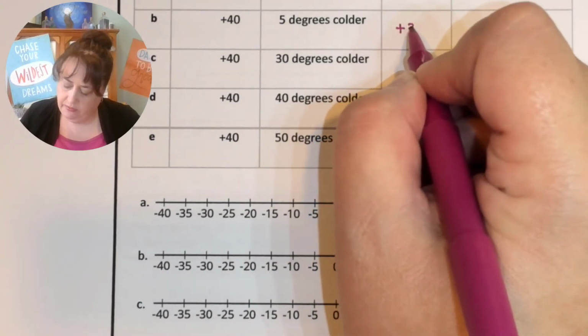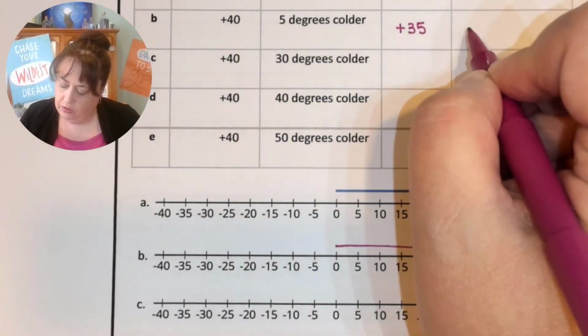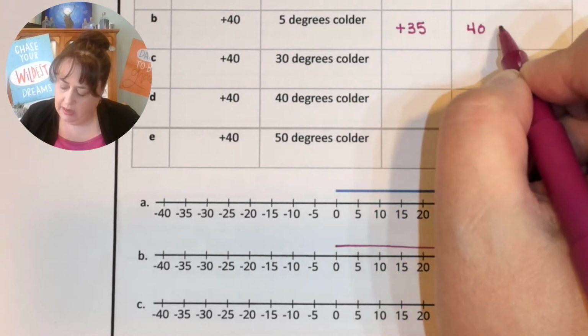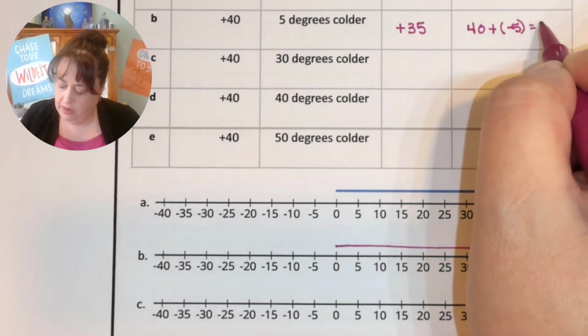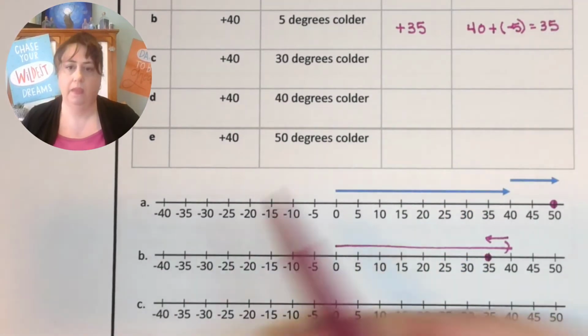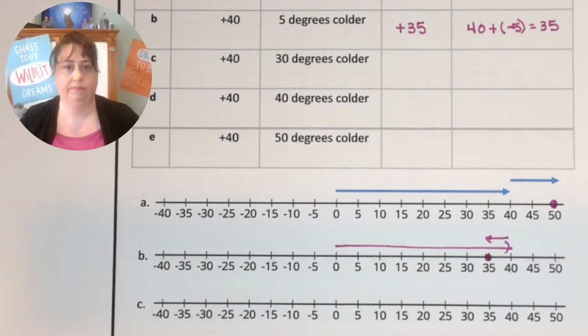It's still positive, but it's at 35. So 40, and we're going to add a negative 5 to that, and we'll get 35 degrees because we went 5 negative. That's what we're doing today. So we're doing addition, so it's all going to be plus something.